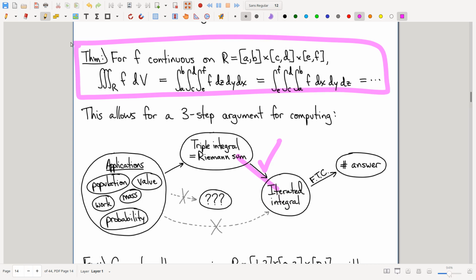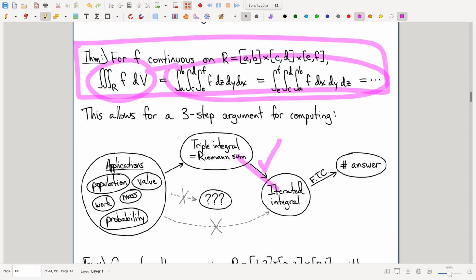So rather than try to make some sort of a case for why these are the same, I'm just going to assert and suggest that the best way to deal with this is for you to just trust me, if you would, that in fact, yes, triple integrals can be rewritten as triple iterated integrals. And this is the result. This triple integral can be written as any of these iterated integrals right there.